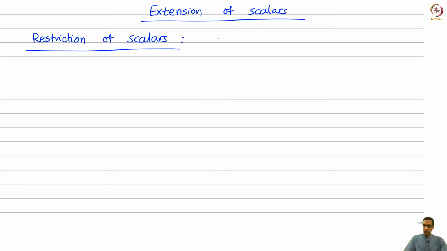Suppose I have two rings, so let R, S be rings, and let phi be a map from R to S, a ring homomorphism.